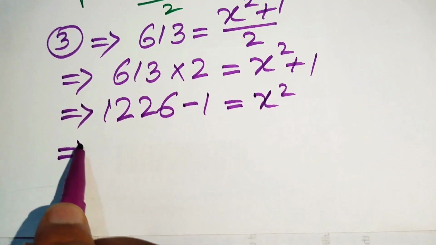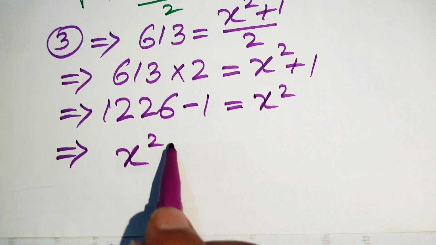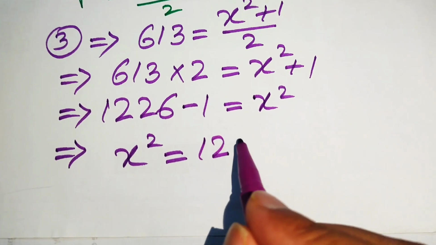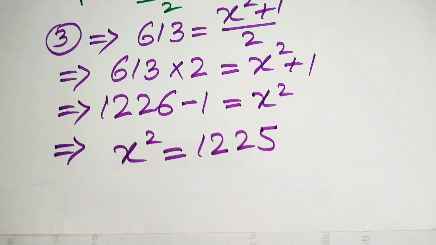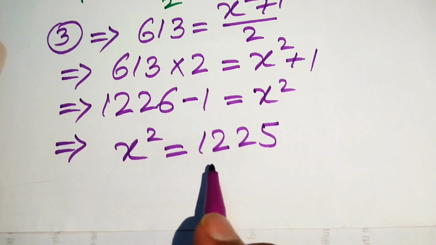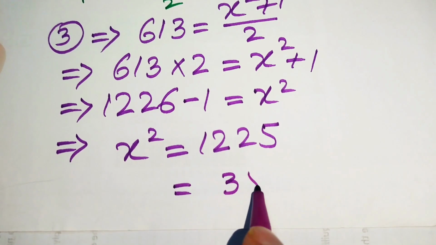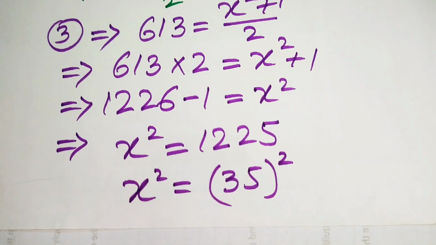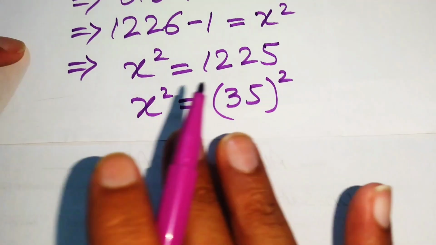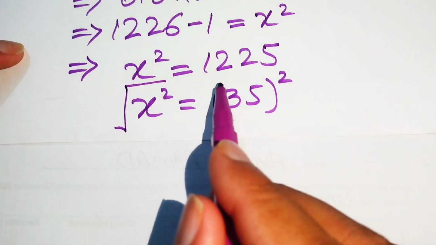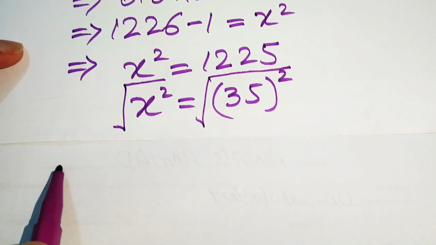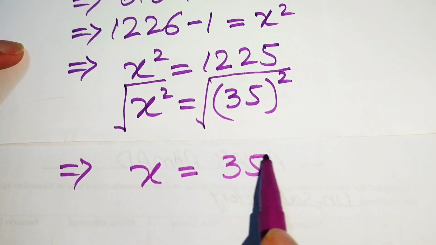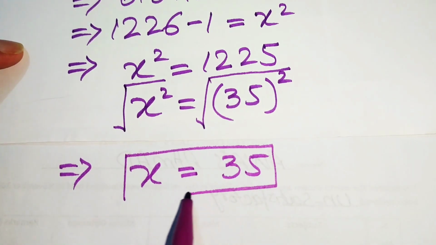So we simplify the terms: x square equals 1226 minus 1, which equals 1225. We know that 1225 is 35 square, and on the left hand side we have only x square. Taking the square root on both of the sides, we easily get the value of x equals 35.